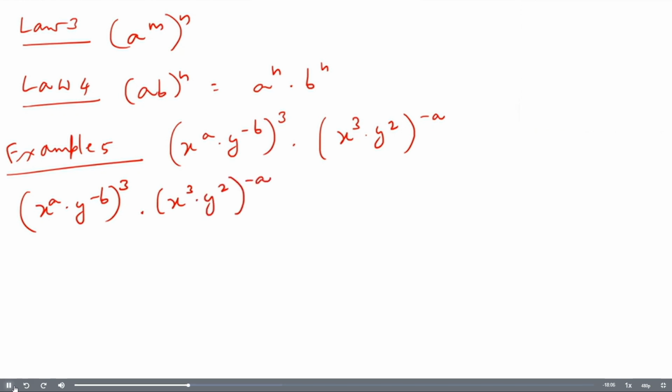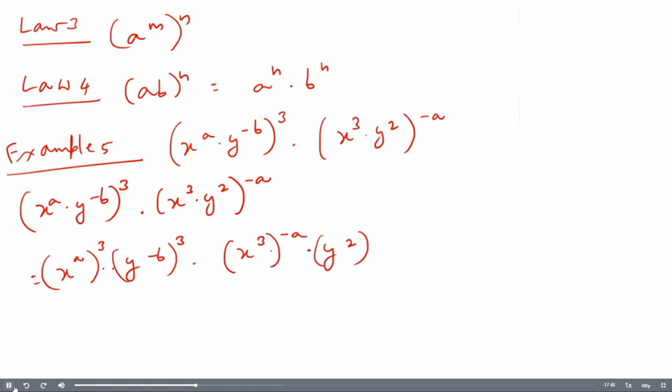This is equal to (x^a)^3 into (y^-b)^3 into (x^3)^-a into (y^2)^-a. Now let's simplify further. (ab)^n is a^n into b^n.